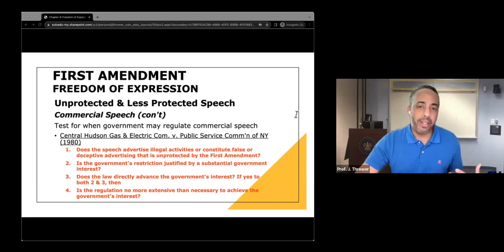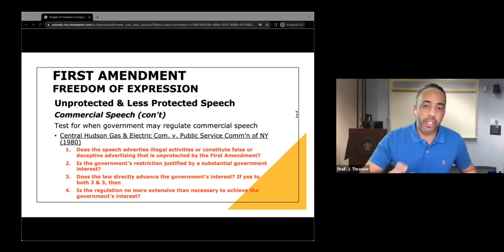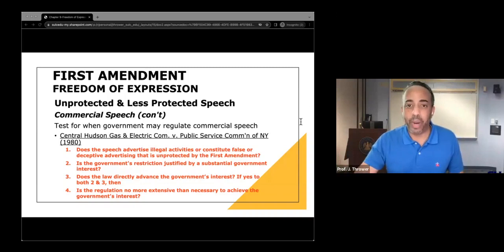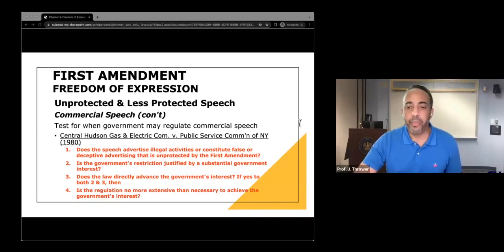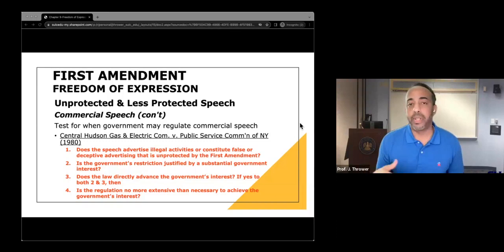Now, in applying this test in this particular case, the court determined that the ads were truthful and concerned lawful activity, right? So the first prong of the test was met. The court also determined that the government interest was substantial. However, the court noted that the regulation was more extensive than was necessary to further the state's articulated interest in energy conservation.